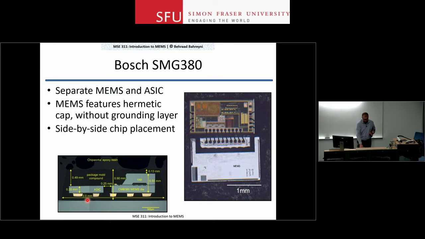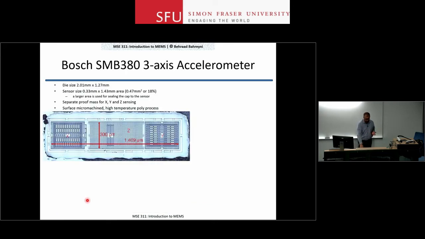And then if you want to measure acceleration in more than one axis, you can actually start putting multiple accelerometers inside one package or on one die. So in this case, if you look at this one, you have a proof mass for the measurement of accelerations in X direction.